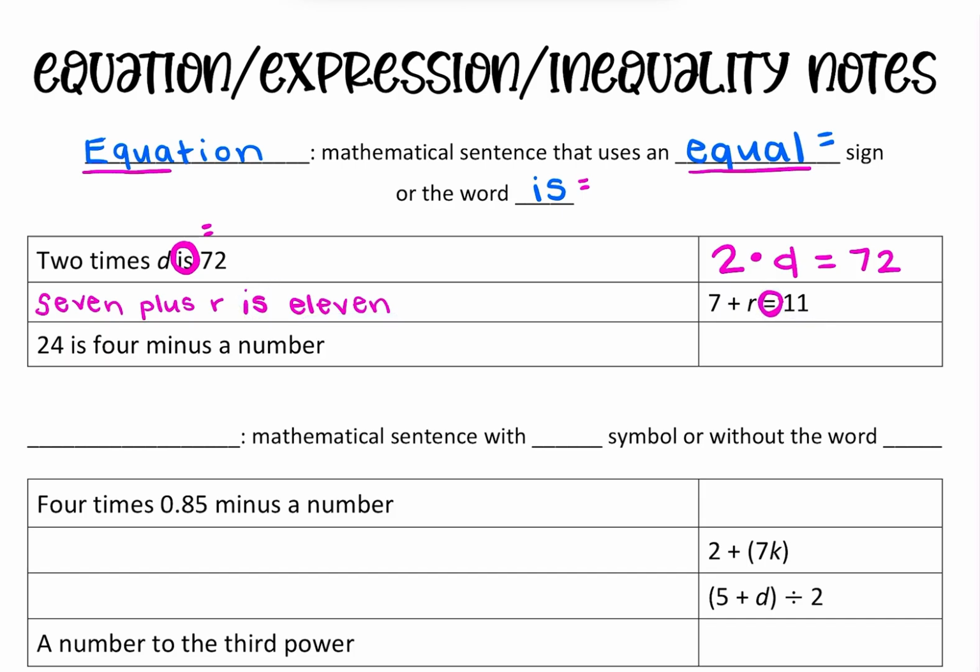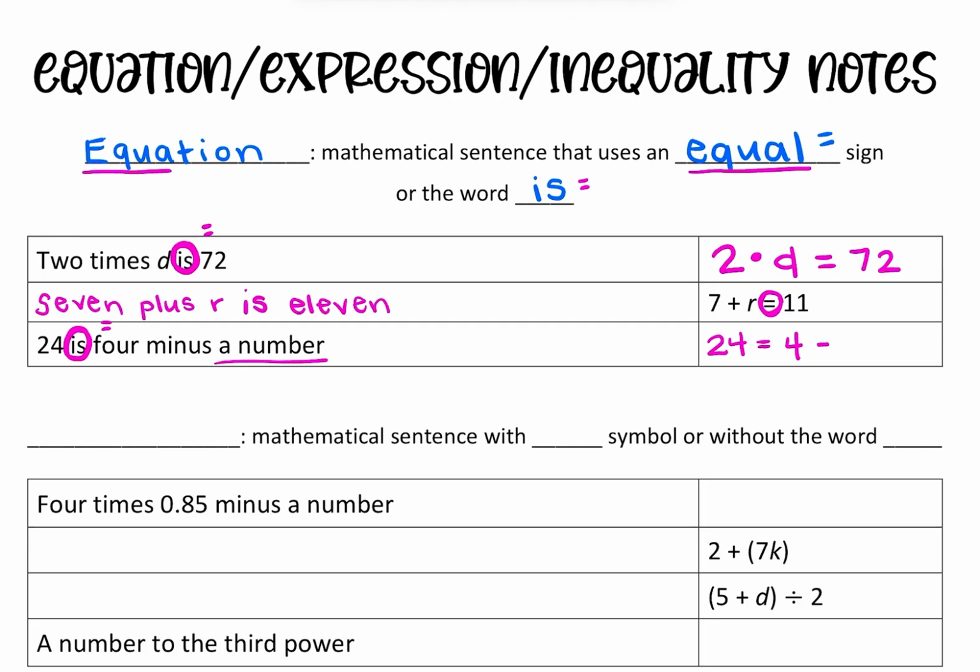Okay, let's do this last one. So we have 24. They already gave me the number on that one, 24. That's my equal. This time the equal's in the front, which is okay. It doesn't matter if the is in the back or the front. Then 4 minus, is subtract. And then it says a number.